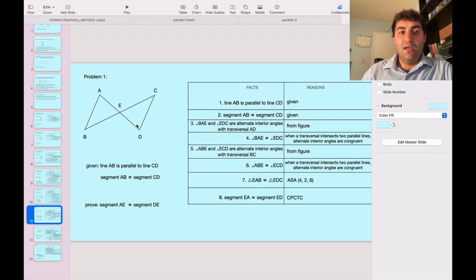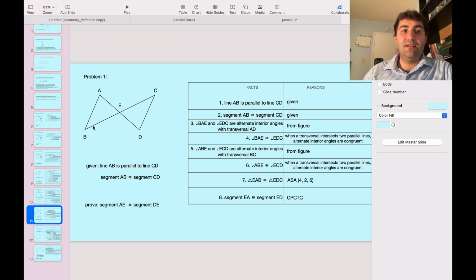And then we can apply the same process using the transversal BC instead of AD. So we know that angle ABE, this angle, and angle ECD, this angle here, are alternate interior angles using BC as the transversal, because they're both inside between these two lines AB and CD, and they're on opposite sides of the transversal.